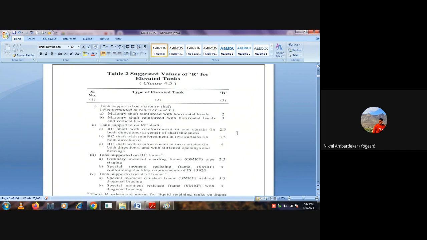What will be the third case? Tank supported on RCC frame. Is it our case? Yes, the tank is supported on an RCC frame. Under that, again there are two types.